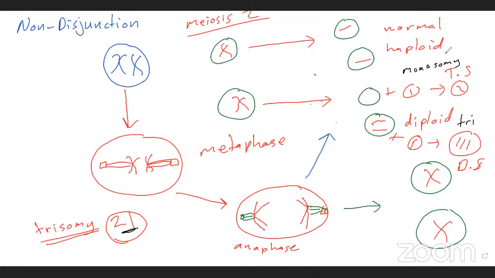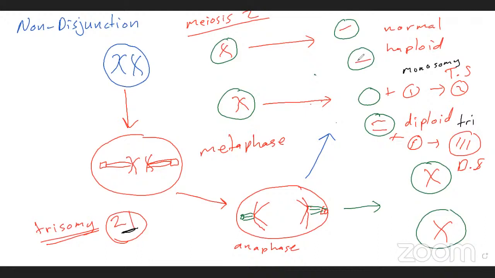If you notice, after the second division, one of the cells is empty. So when this empty cell fuses with a haploid cell, how much would be in the new cell?